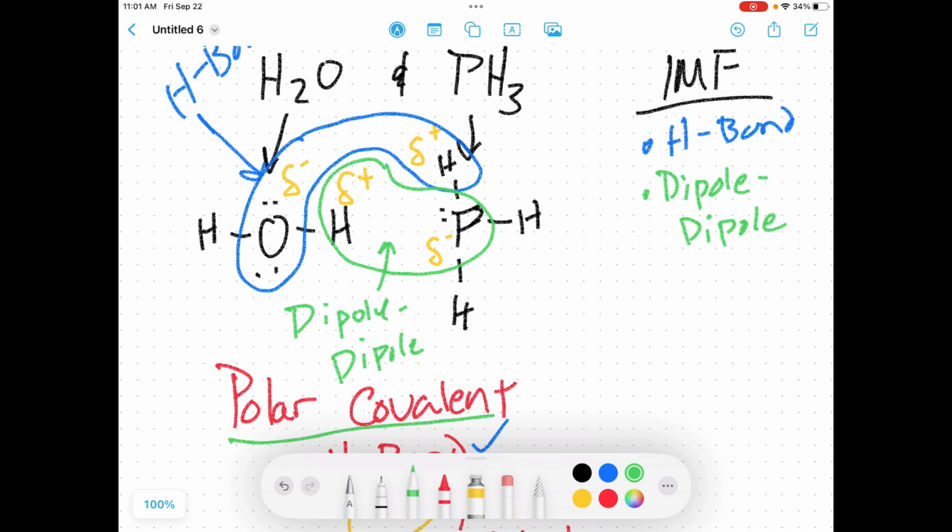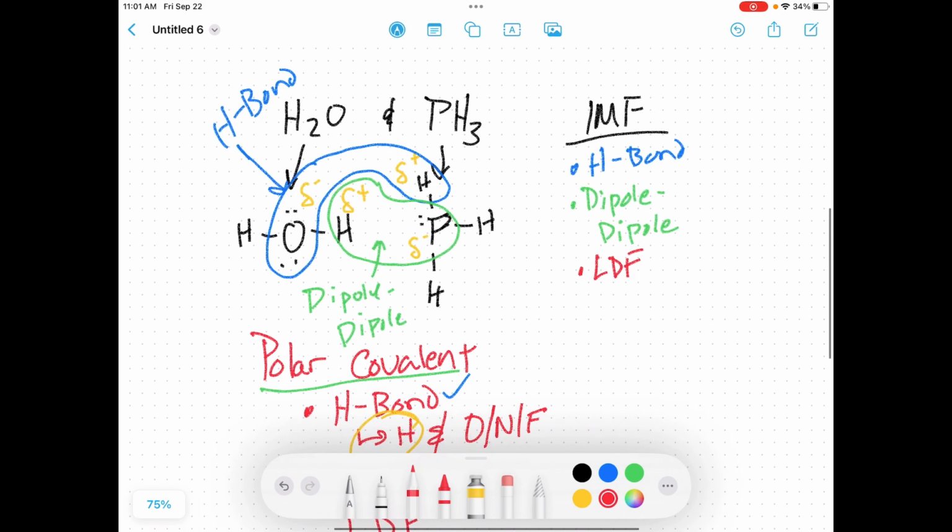And then all molecules will have London dispersion, so I'm just going to add that into my list as well. Those are the types of questions that you should expect. I give you two molecules, and you just have to figure out what types of forces are present.